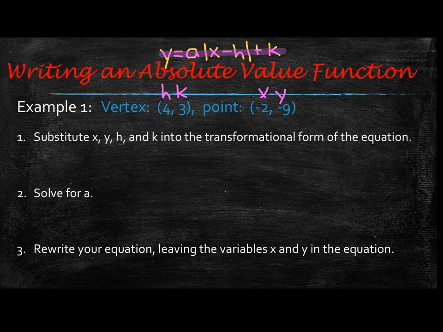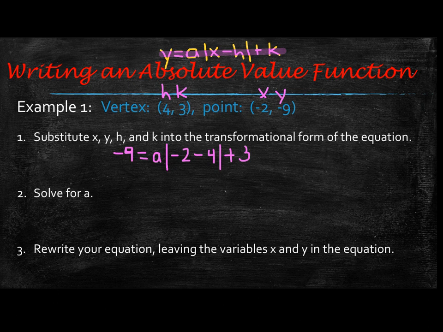So y in this problem is -9, so we're going to start by plugging that in: -9 equals, the a is what we're trying to find, so that's going to remain our variable, times the absolute value of x, which is -2, minus our h, which is 4, and then plus 3. Now we're going to simplify that.